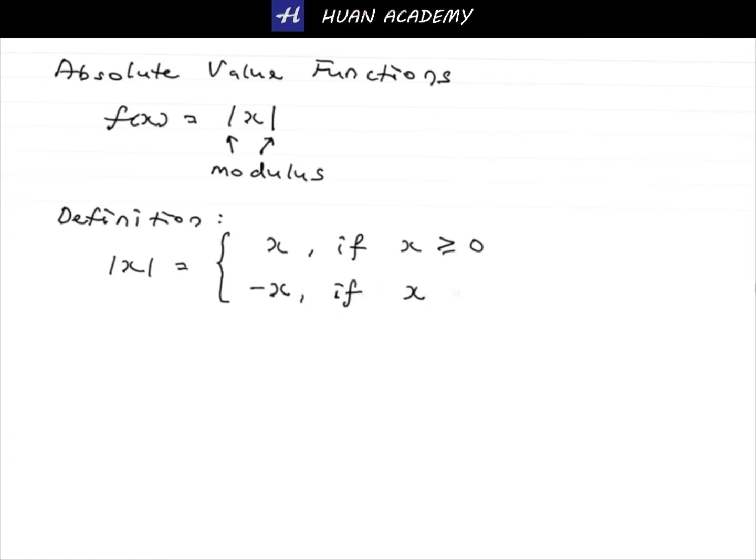On the other hand, if the number inside is a negative number, smaller than 0, we just put a negative in front of that number, then automatically it will turn into positive.